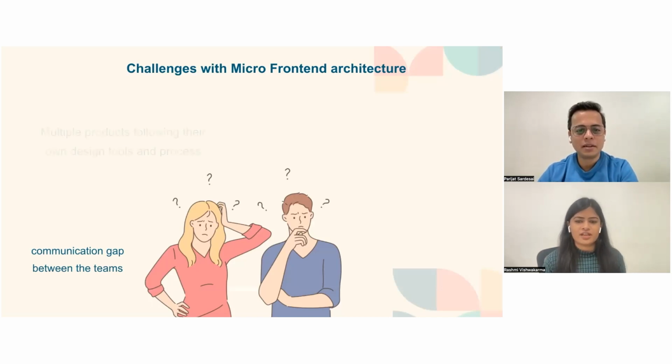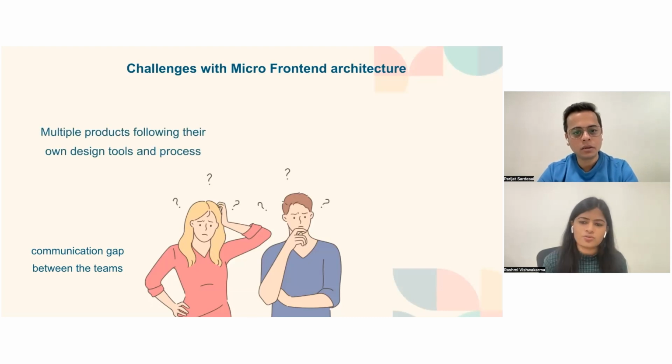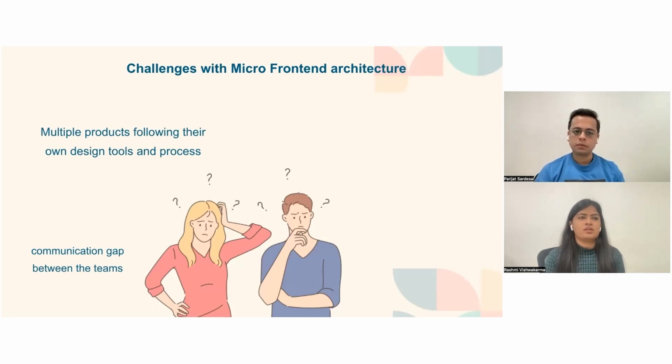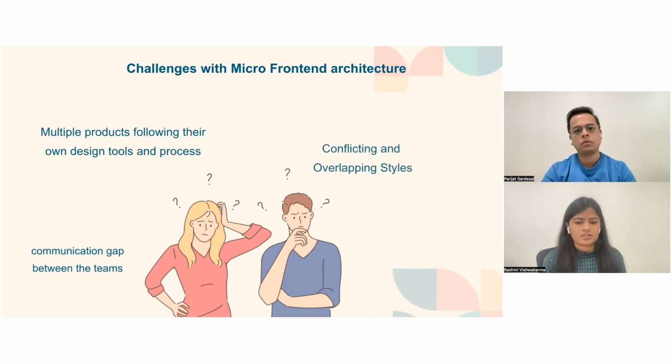And eventually, every team started following their own rules and guidelines with the assumptions they made, and they started creating their own definitions of foundational elements. When I say own definition of foundational elements, I mean typography, themes, spacing, colors, and so on. So in micro frontend architecture, we cannot neglect the high chances of conflicting styles.